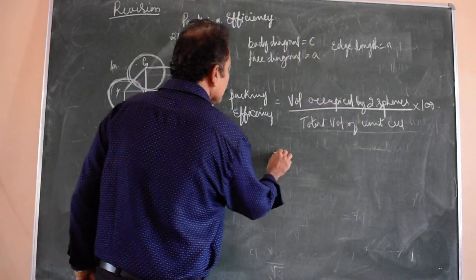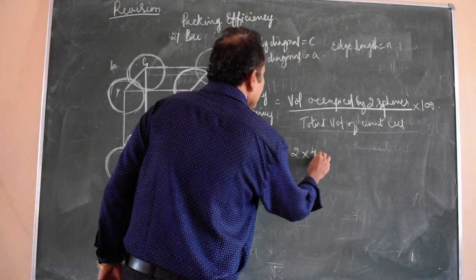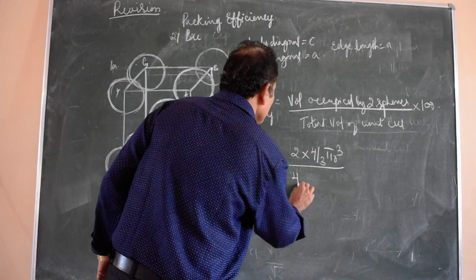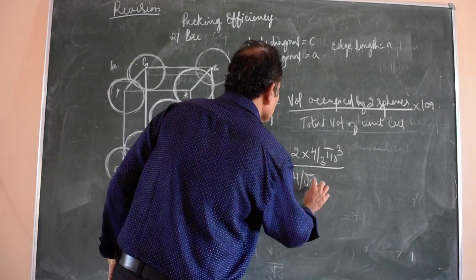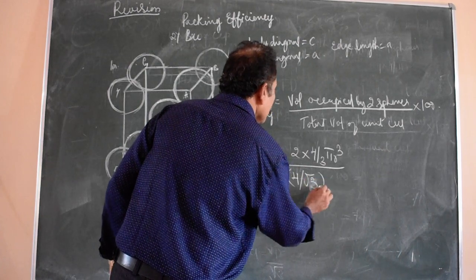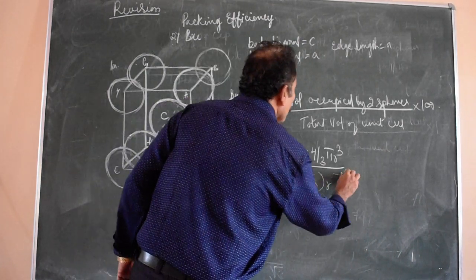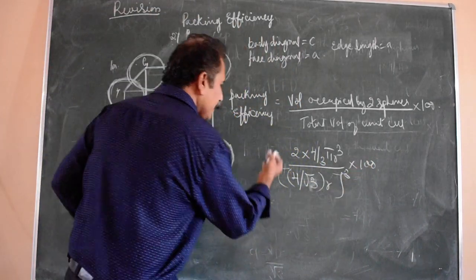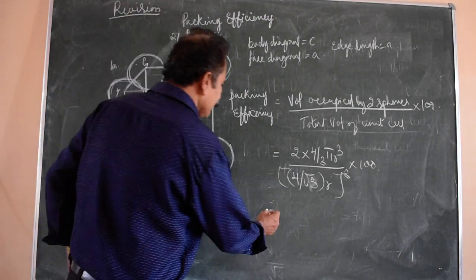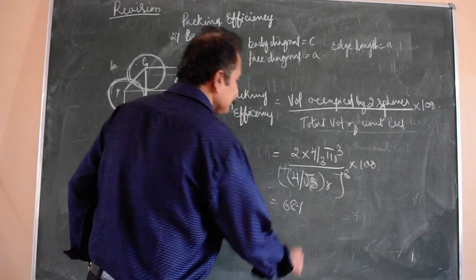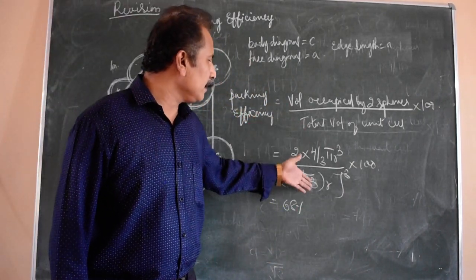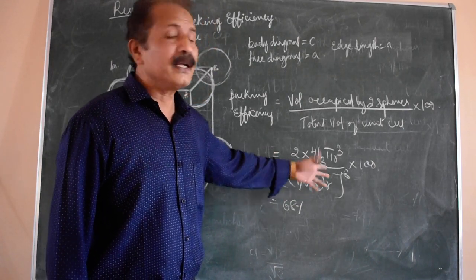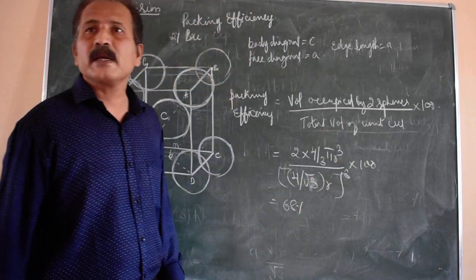Therefore, substituting, you will get 2 into 4 by 3 pi r cube divided by 4 by root 3, r the whole cube into 100. So if you want, you can go on simplifying, or I will tell you directly write it as 68%. Otherwise 2 into 4, 8 by 3 pi r cube, this will become 64 divided by 3 root 3 r cube into 100, that will give you 68%.